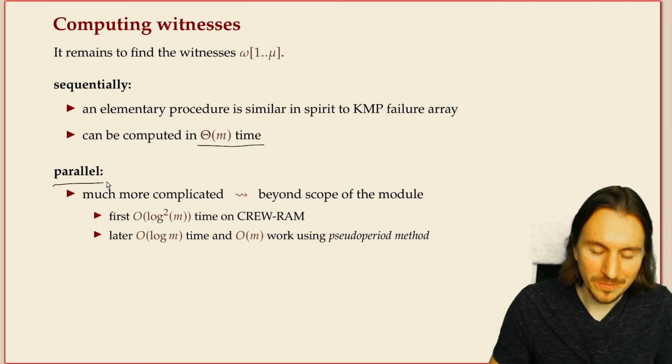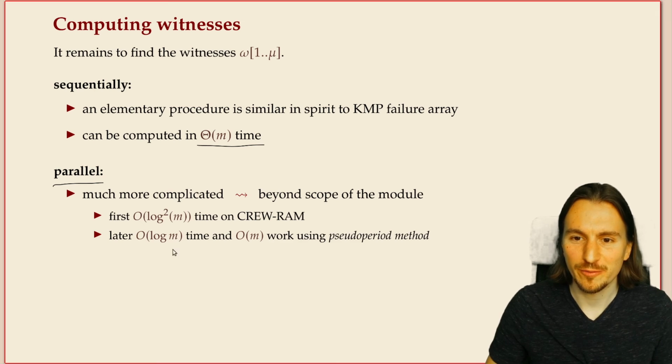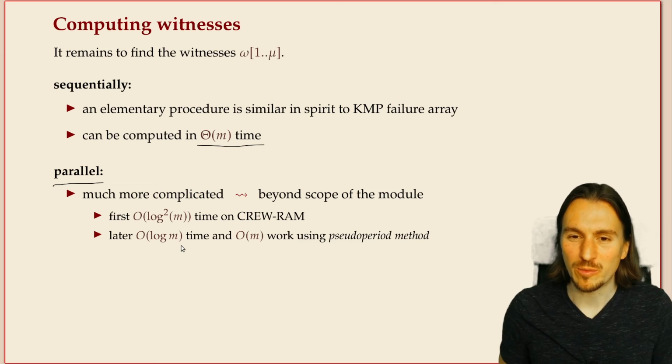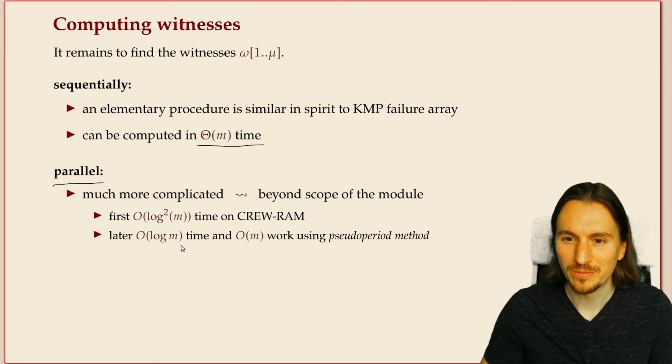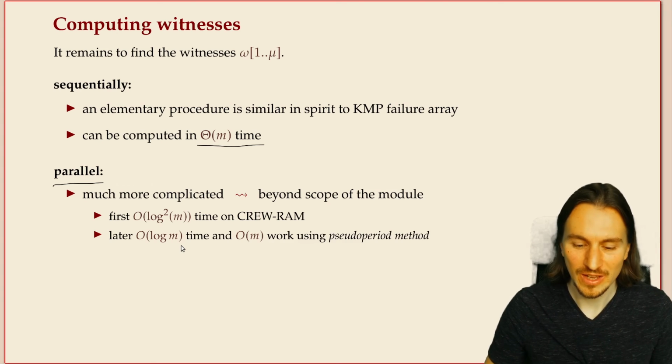In parallel, it becomes more complicated, and there have been substantial improvements over the first, more simple method. Using more sophisticated techniques, you can also get the pre-processing in parallel log m time and work efficient. But that technique is beyond the scope of this class.